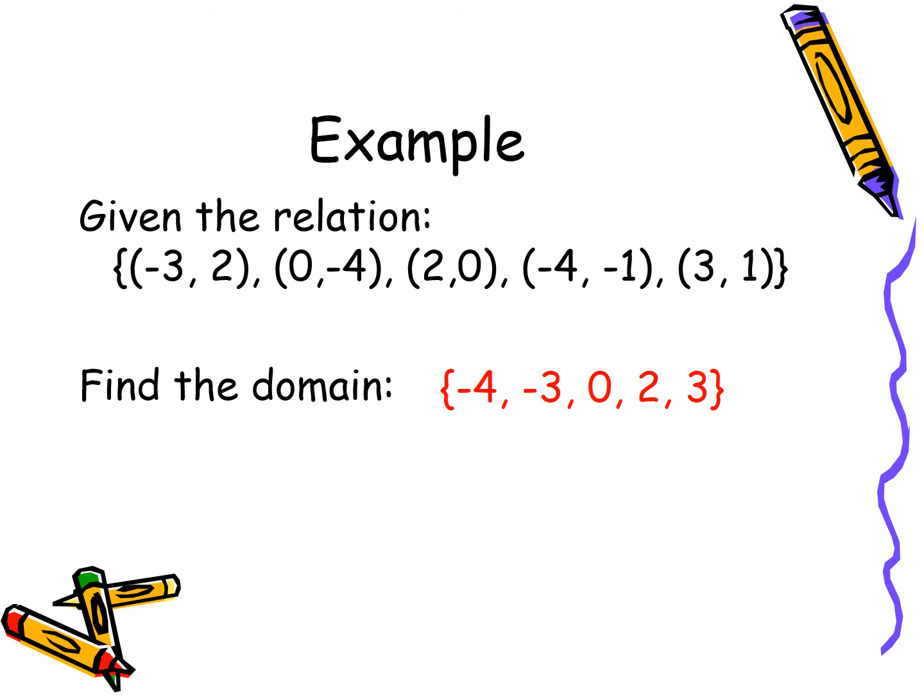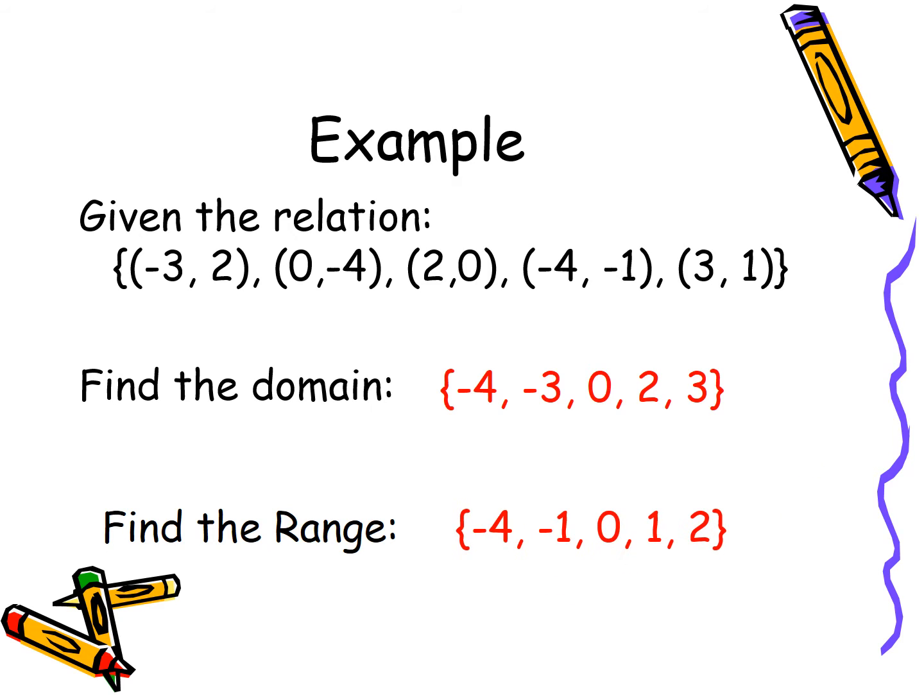Notice that I put them in numerical order and not the order in which they occurred. So the domain would be -3, 0, 2, -4, 3. I just listed them in numerical order. And then the range would be 2, -4, 0, -1, 1.